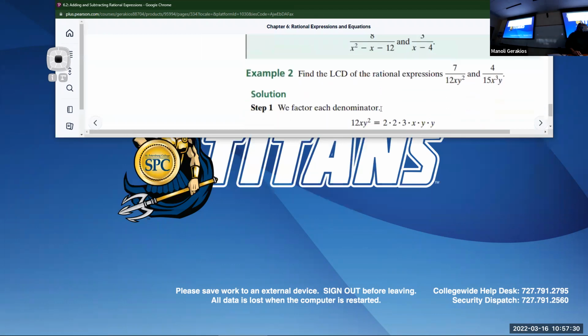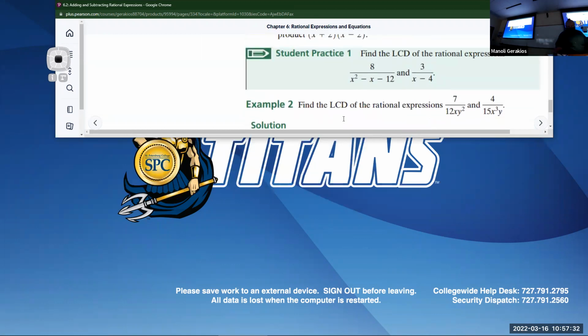Okay. Here's example 2. And I'll move this out of the way in a minute. So now we're into section 6.2, our next section in module 5. And this is example 2.